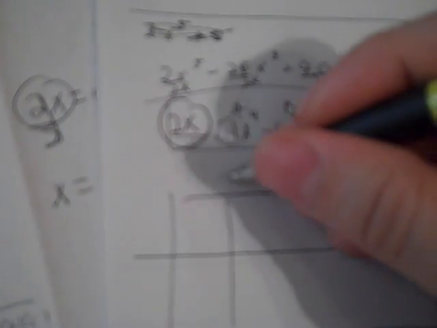And I get 1x to the 4th minus 14x to the 2nd plus 45. Cancel. ABC. And I take the A times the C. Okay, 1 times 45, that would be 45 positive.